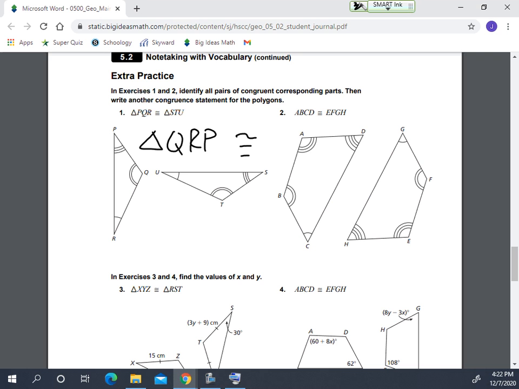I have to name it in the order I named QRP with its corresponding part. So if I started with Q, I have to start with angle T. Because I started with this angle, I have to start with this angle. Okay, then I went to R. I have to go U over here. Then I have P. I have to go S. So when I name a congruent triangle, I have to name the corresponding parts. Okay, in the same order.